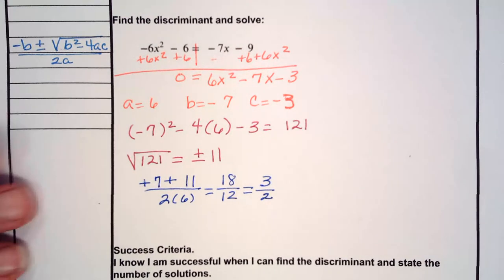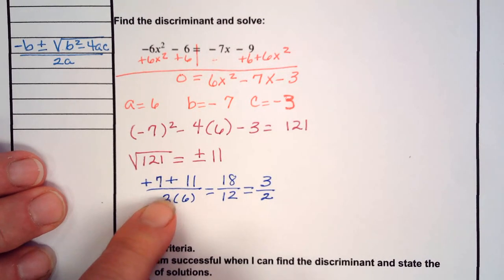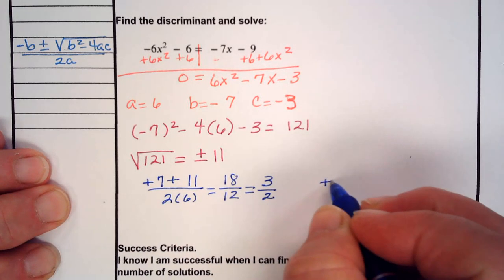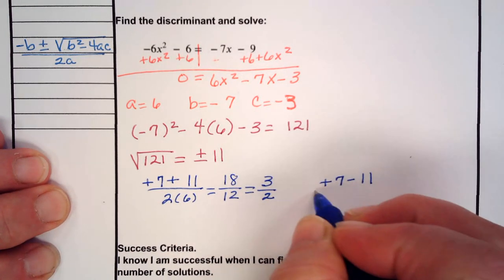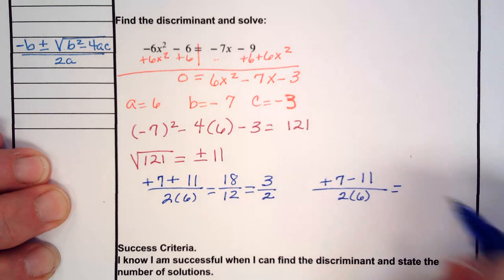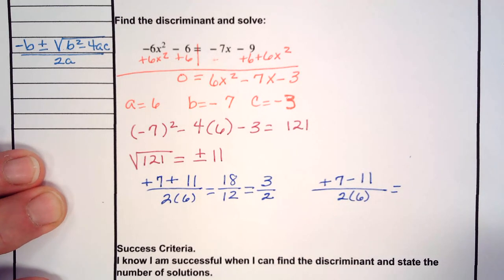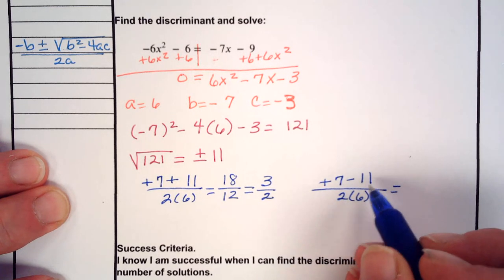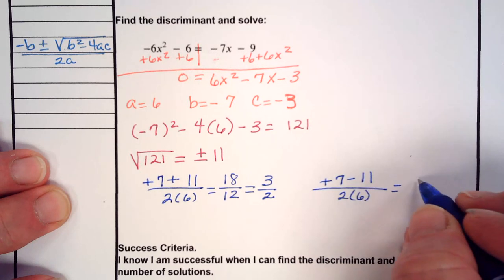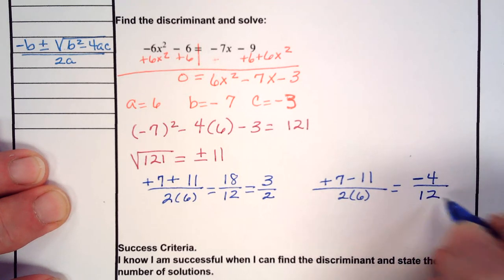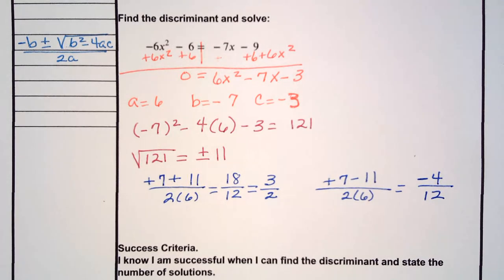The second time, it's exactly like this, except now we're subtracting. So I can put positive 7 minus 11 all over 2 times 6. Okay, their opposite signs subtract. 11 minus 7 is 4. Keep the negative sign. You still got the 12 on the bottom.